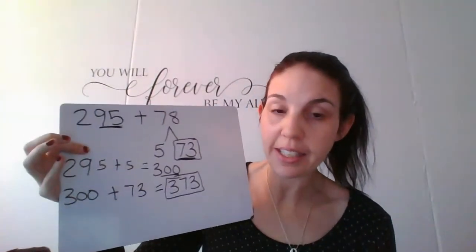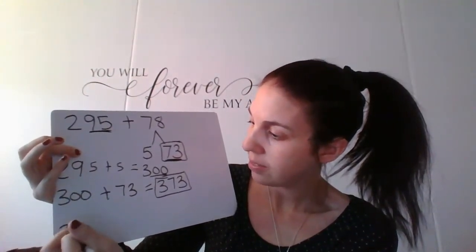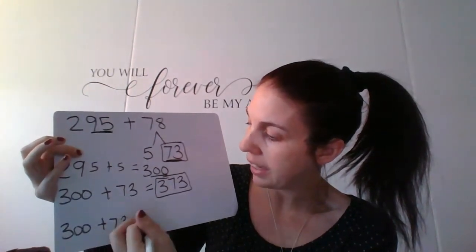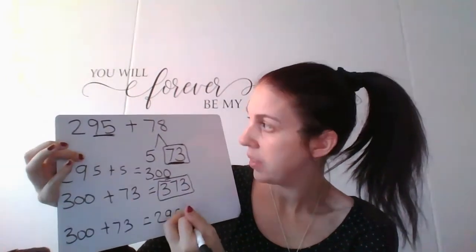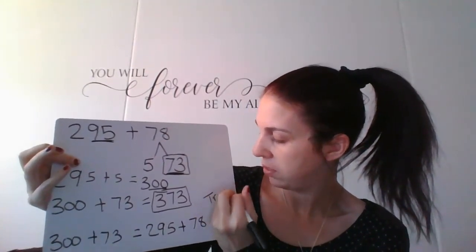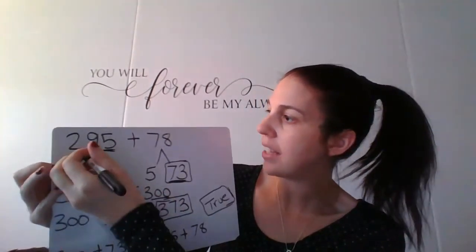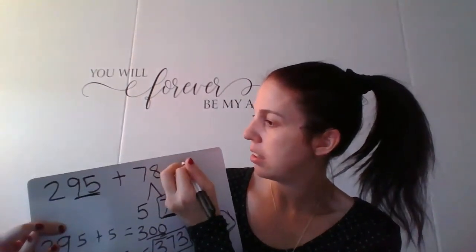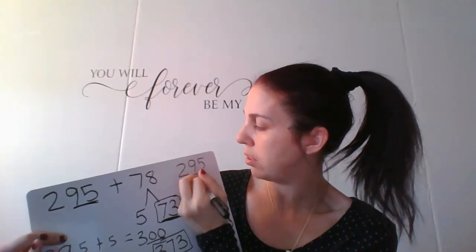If I was looking at the equation with the equal sign in the middle, 300 plus 73 equals 295 plus 78. These two are true. They equal each other. I could use the standard algorithm to show you.